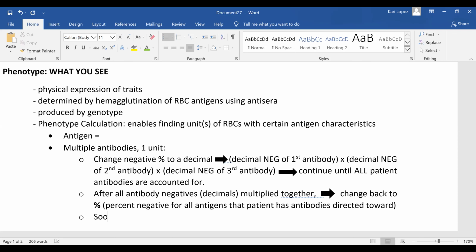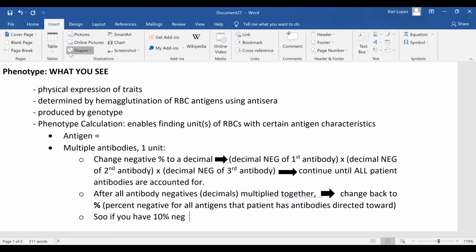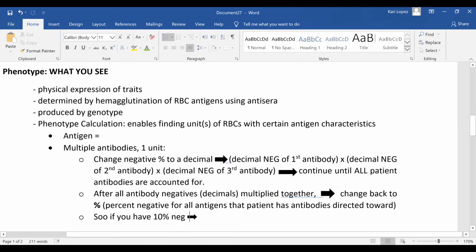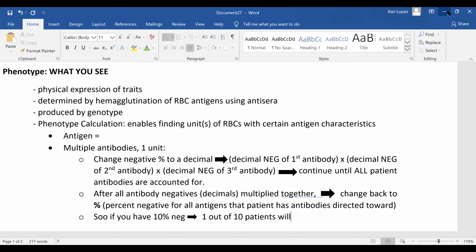So you have 10% negative. That means that 1 out of 10 patients, and I believe, will be compatible.